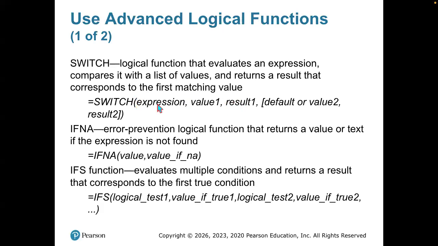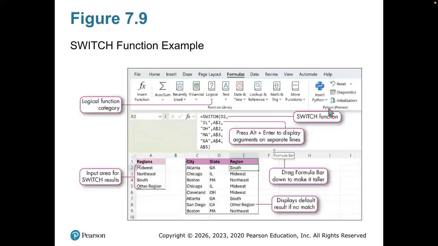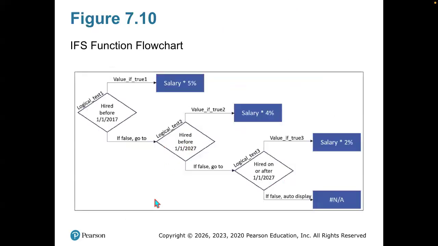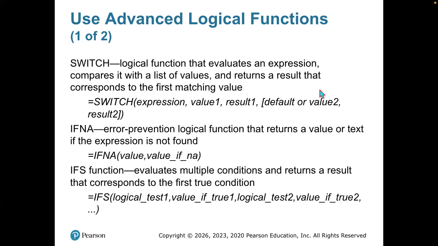So if this expression evaluates to true, go to result 1. I can add more of these as I continue on and on. I could have a next value, maybe I'm testing to see if they're hired before January 1st, 2027. I could do that instead.